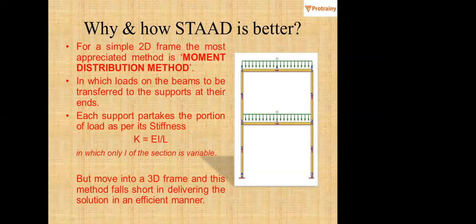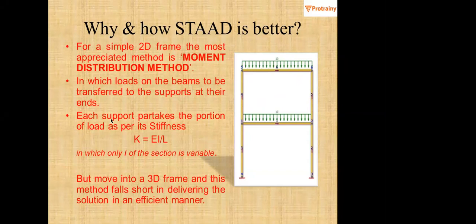The stiffer you create your particular element, or your overall structure, the more load it is going to attract towards it. So if this is 1.5X and this is X, then the load will be distributed in proportion to their respective stiffnesses. Keep that in mind.